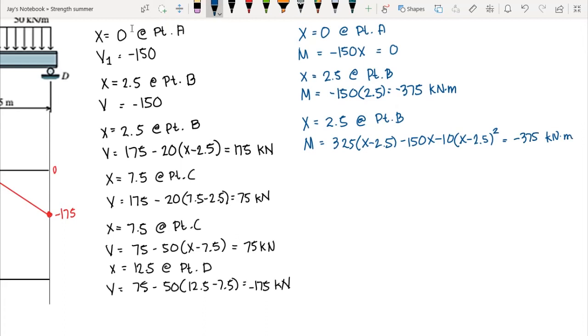Now, when drawing a moment diagram, you can check whether your equation is correct if it has the same answer as the previous equation at the same location. So take note, at point B, using the different equation, we have negative 375, and using this equation, we still have negative 375 kilonewton meter. So therefore, we have a correct moment diagram, or correct value of internal moment.